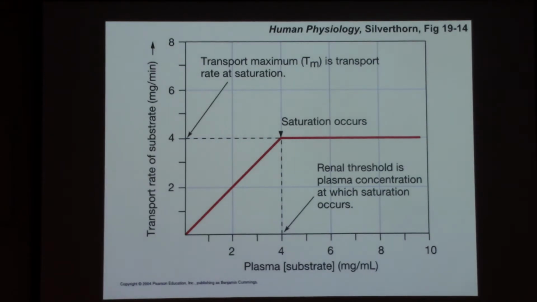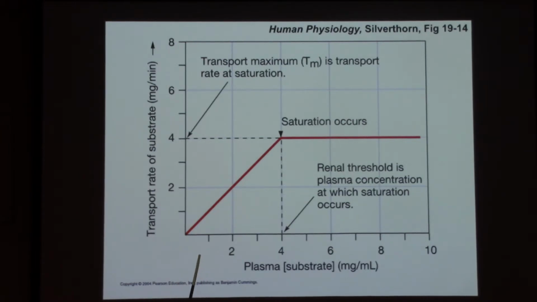Let's look at a graph here to get an idea of how some of this might work. So we're trying to transport some substrate. If we look at the concentration of that substrate in your blood plasma, use that as the horizontal axis, and then the rate that that substrate gets transported, let's say reabsorption, we can go ahead and graph that out.